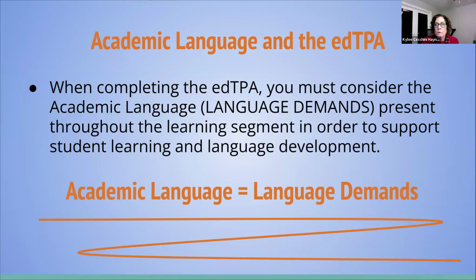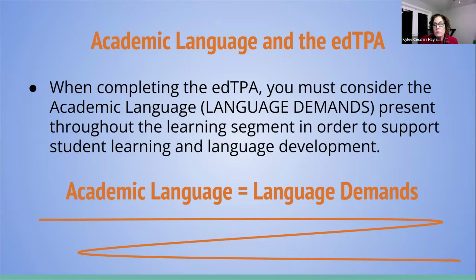So you're considering what language demands are present so that you can support your students in their learning and their language development. As you're thinking about what tasks you're going to have your students complete, how they're going to show what they know, you're thinking about how do they have to use language?